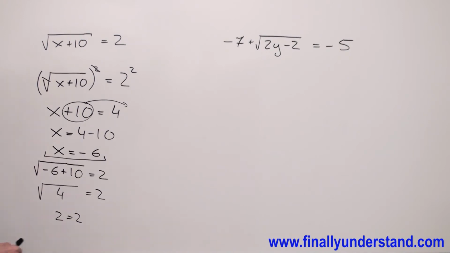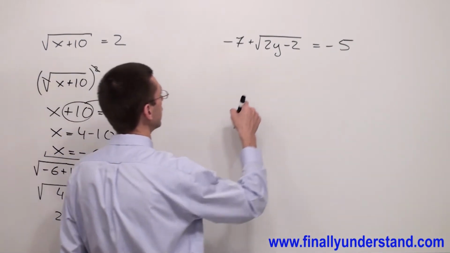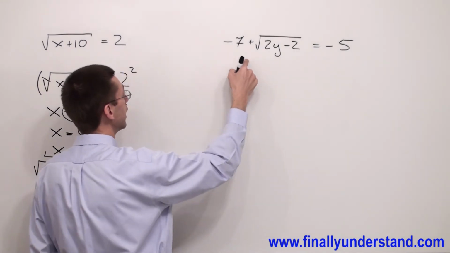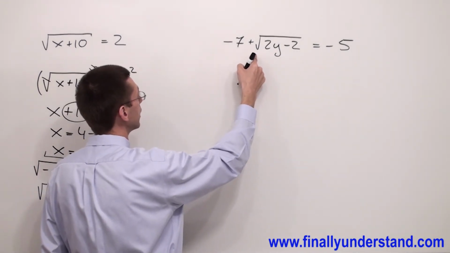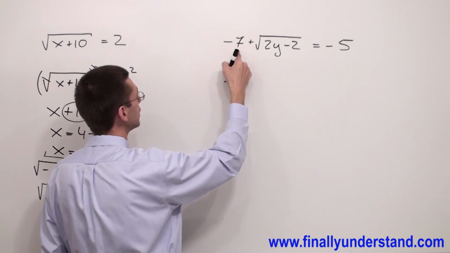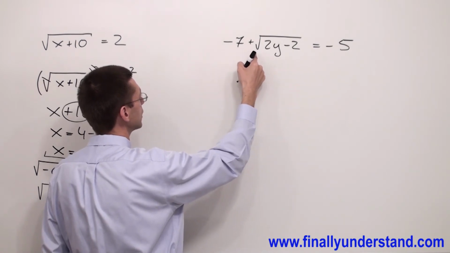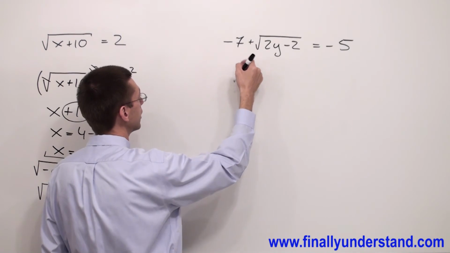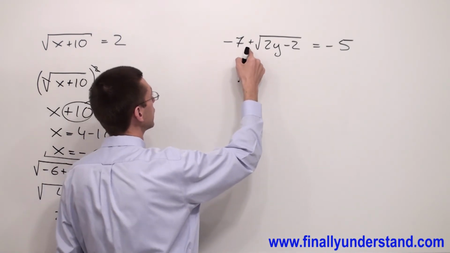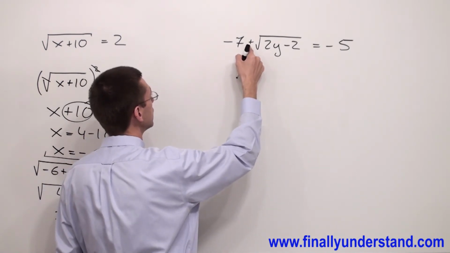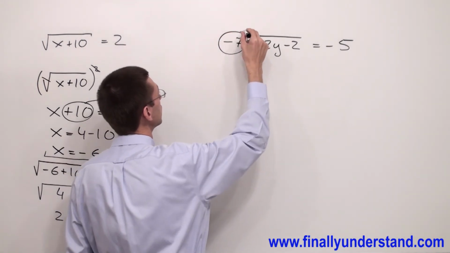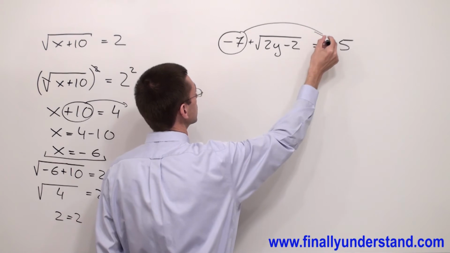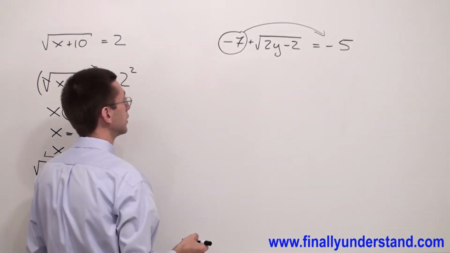Let's take a look at another example. In this case, I have negative 7 added to my radical. I do not want to see any other numbers beside the radical on my left side. That's why, because I have addition over here, I'm going to move my minus 7 to the right side of my radical equation.